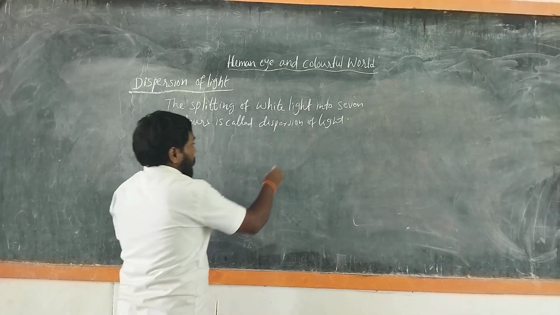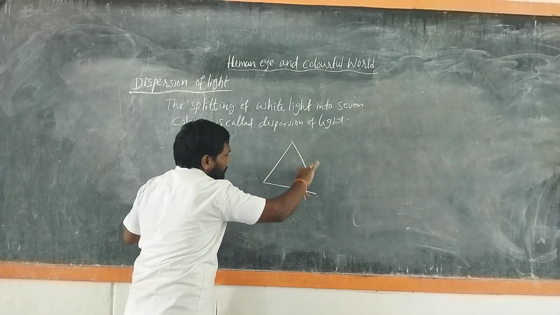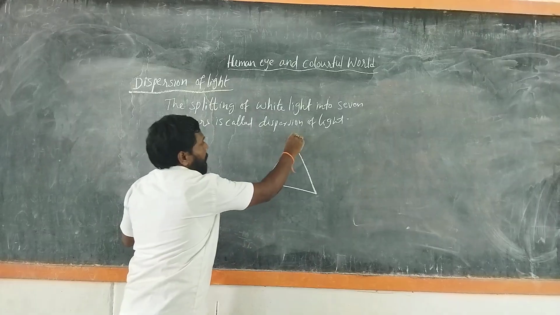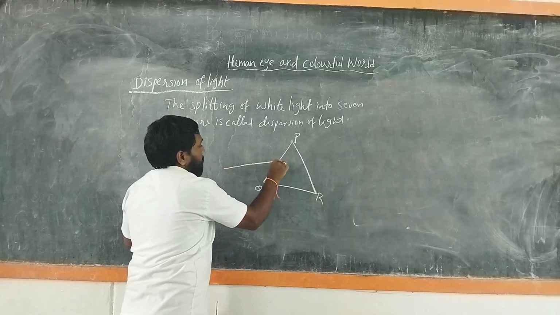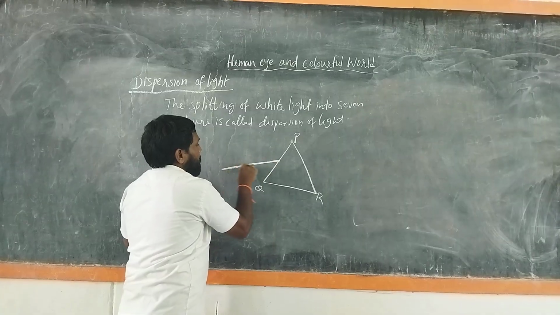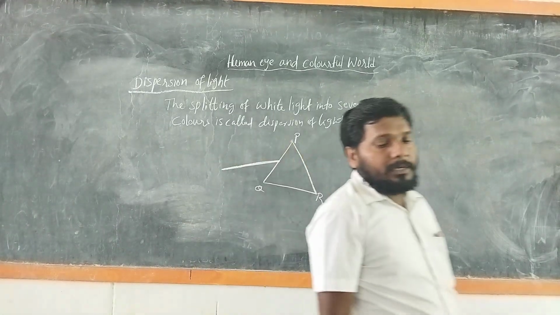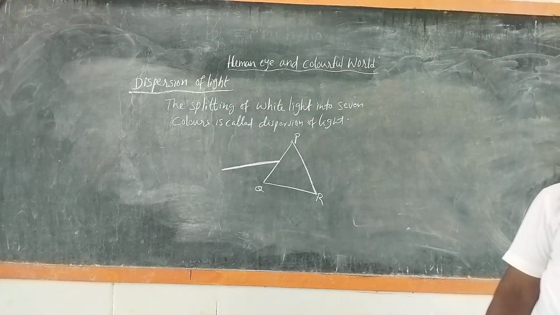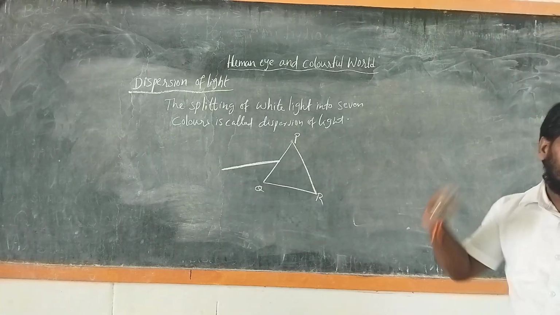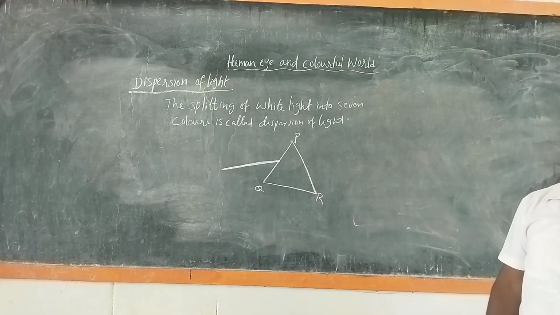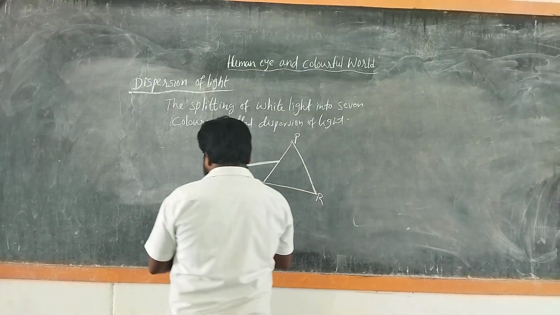Assuming a glass prism PQR, if white light, sunlight or bulb light, is incident on or passed through the glass prism, it deviates.